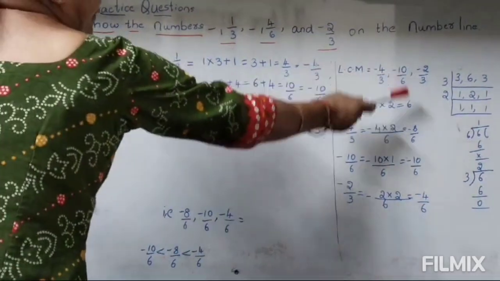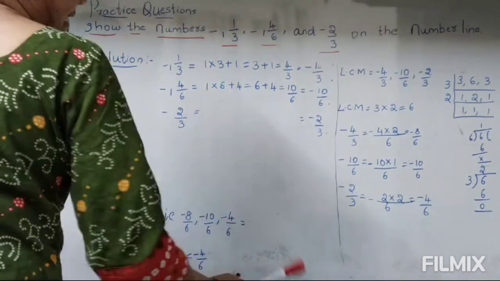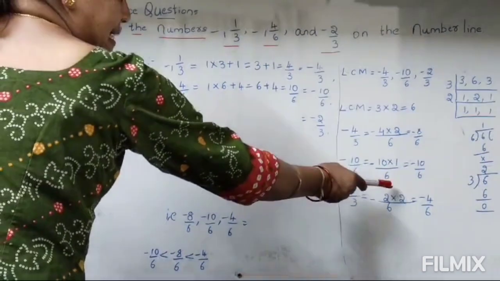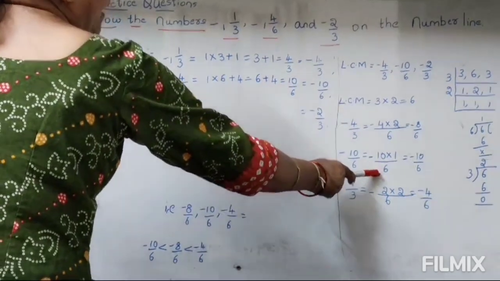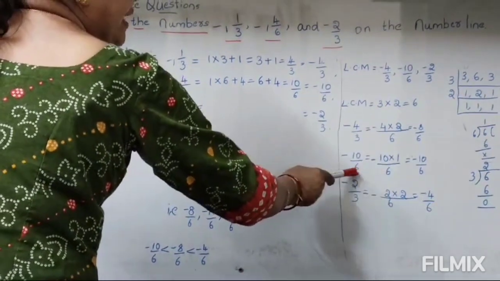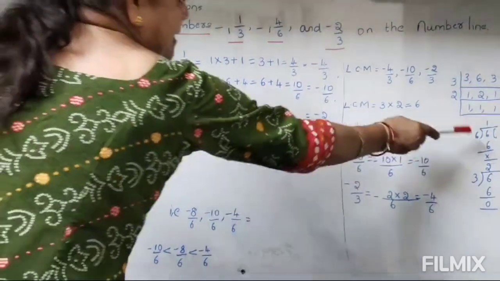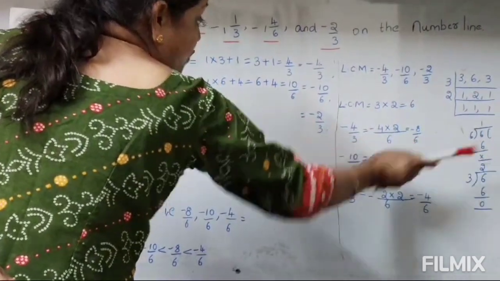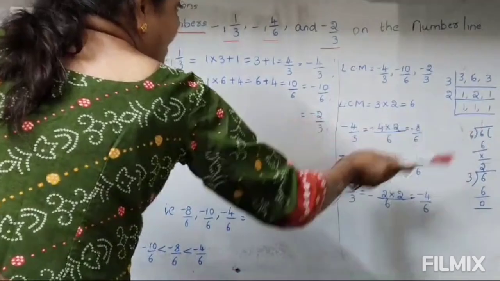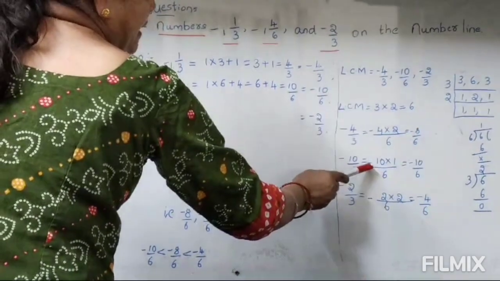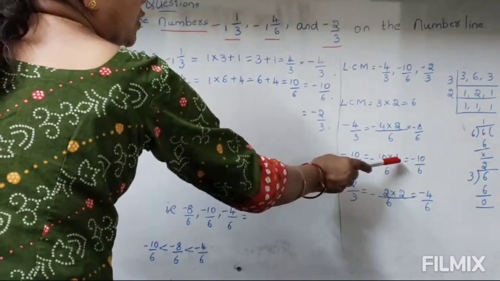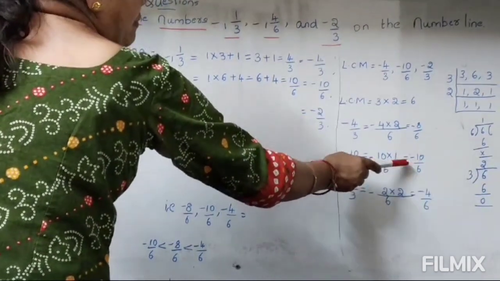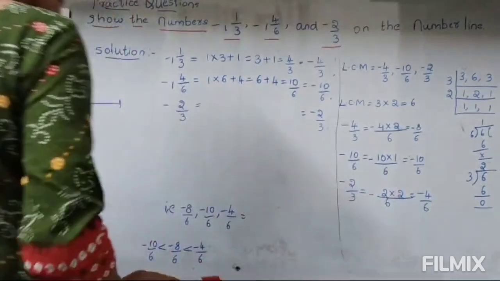The second one, minus 10 by 6, which is equal to, as I said, 6 is the LCM. So you have to divide it by this 6 again. 6 1s are 6, 0 is the remainder. Multiply this one by 10. You have to retain the minus as it is. 10 into 1 is minus 10 by 6.